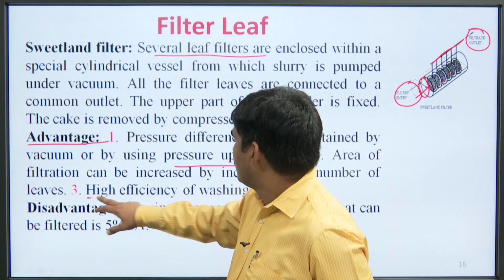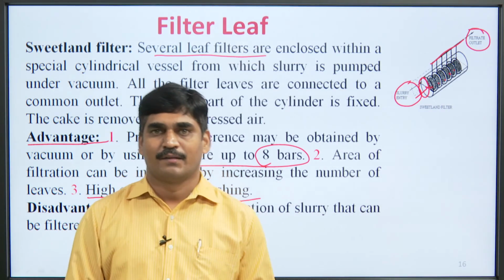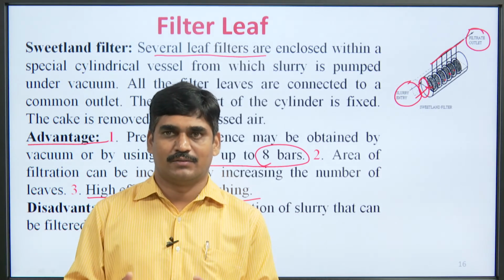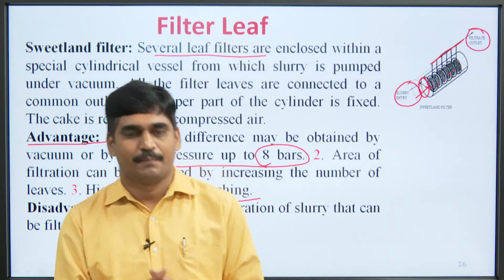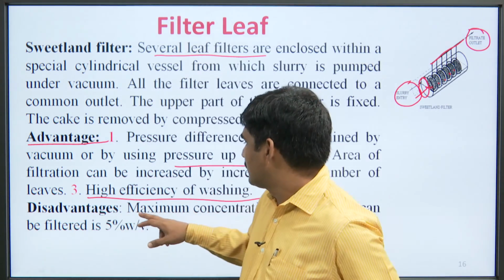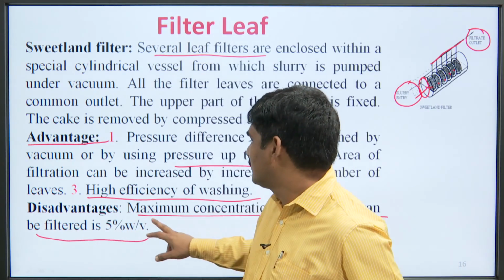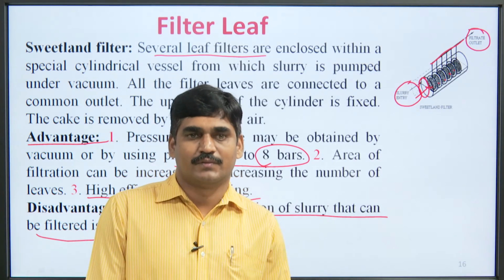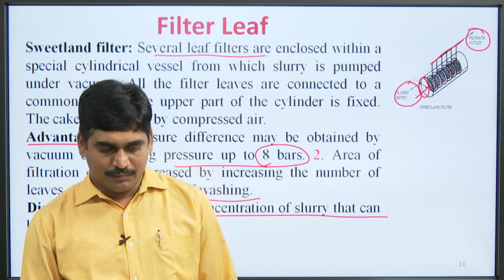This equipment has high efficiency of washing; we can say the washing efficiency is very high. A disadvantage of the filter leaf is that the maximum concentration of slurry that can be filtered is 5%. This is the disadvantage of these filter leaves.